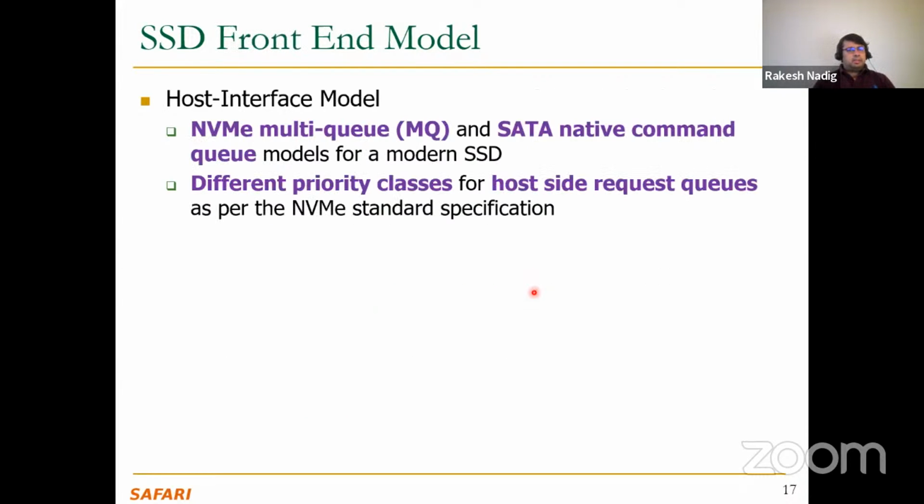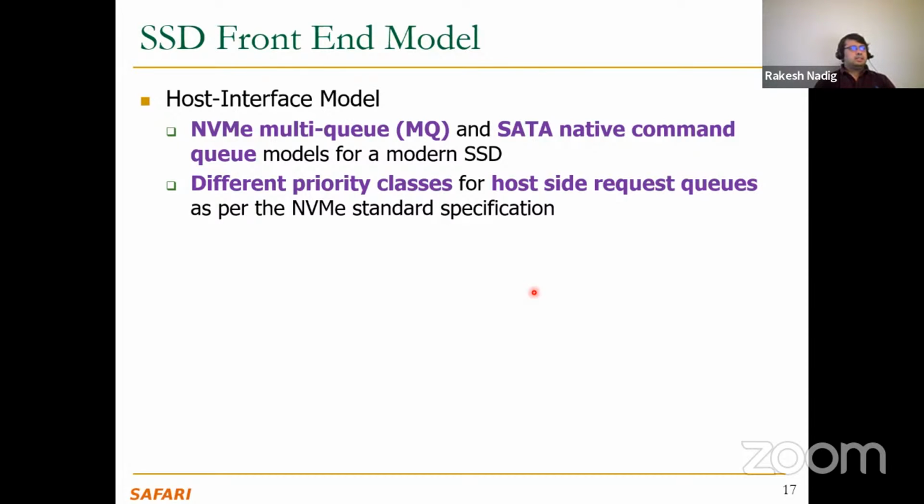But at the front end, as I said, we have NVMe multi-queue and SATA native command queue models for a modern SSD. With SATA native command queuing, at the operating system level, the operating system decides the priority of different requests, or to enable fairness, decides which requests have to be scheduled first, and so on.